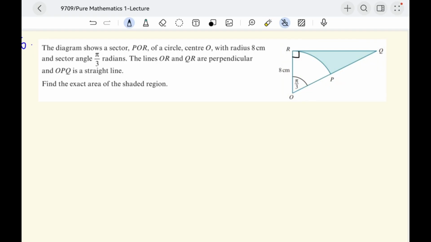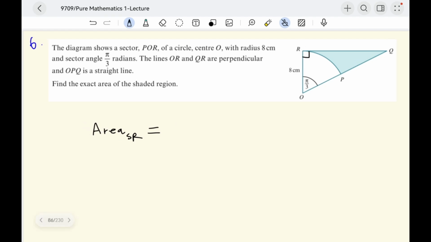Let me abbreviate shaded region as SR. So the area of the shaded region is the area of the triangle minus the area of the sector. That's all for it. Don't think it's complicated.